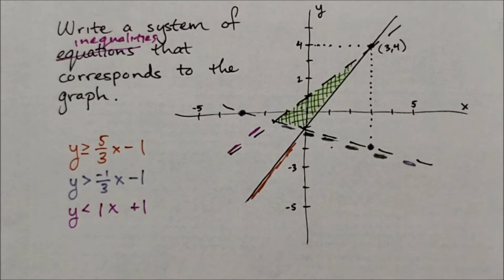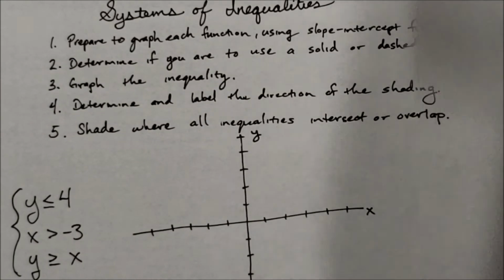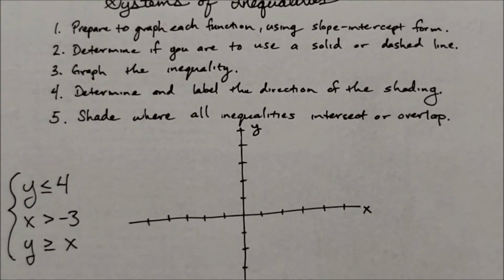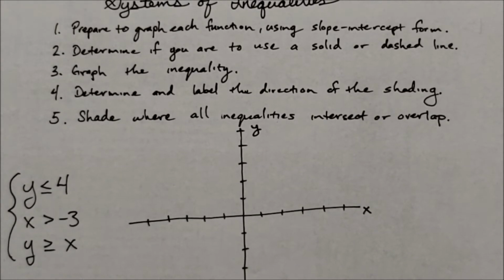All right, how do we take a system of inequalities and draw a graph? Here are 5 steps. You can pause the video and look at these 5 steps or reference them later on.